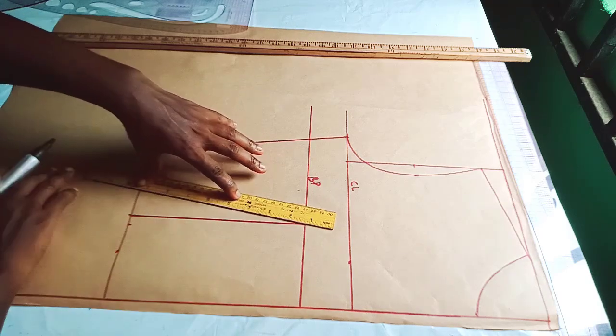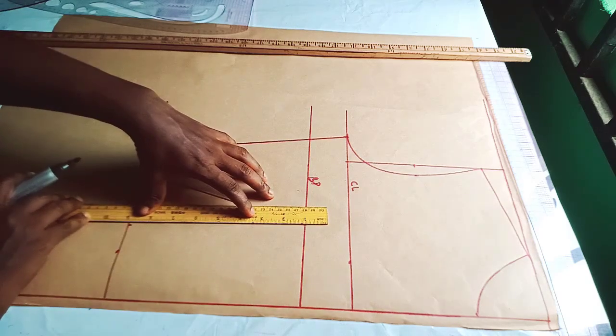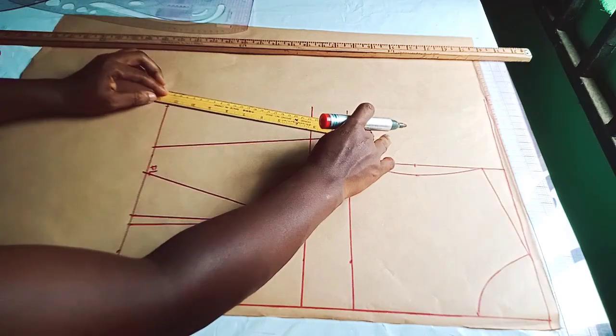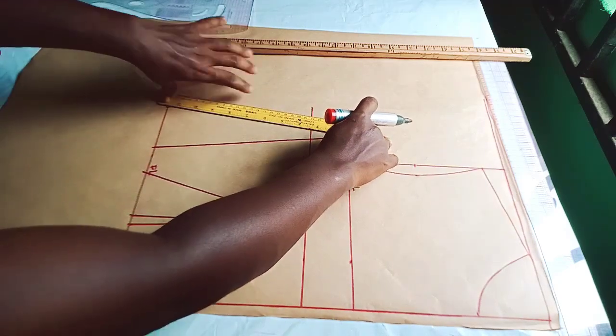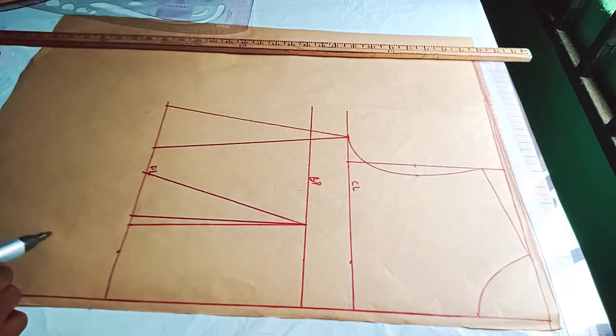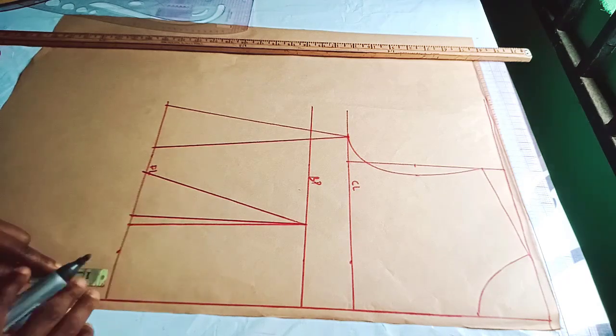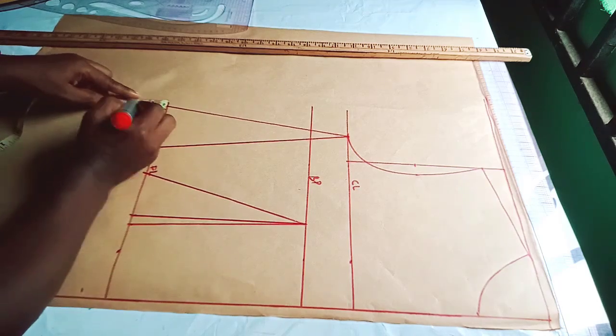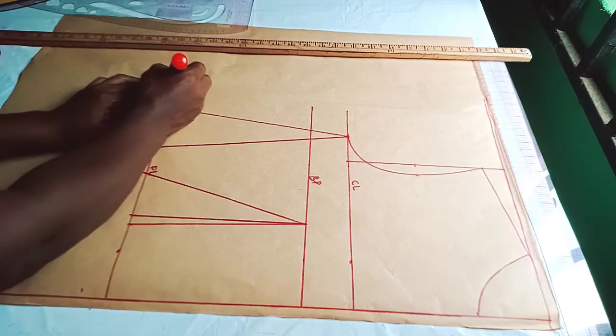Connect it to the bust line first. Then you connect this also to the chest line. We have our front bodice. Now we're going to take our sewing seam allowance, 1 inch here, 2 inches here.